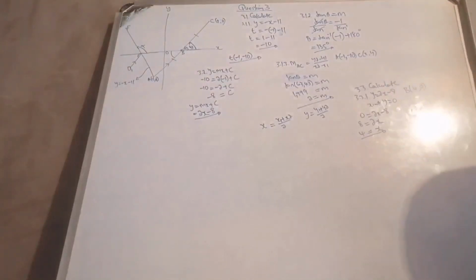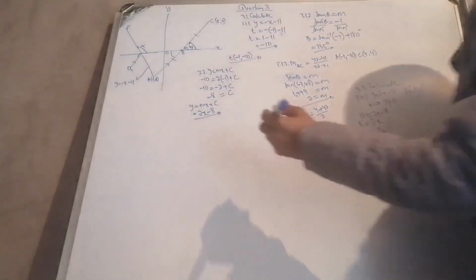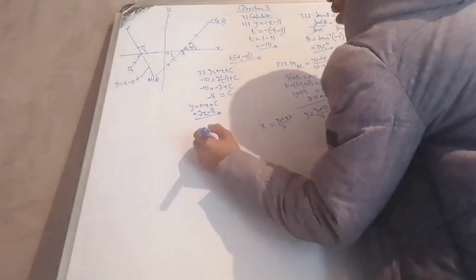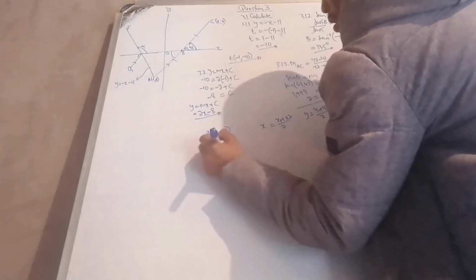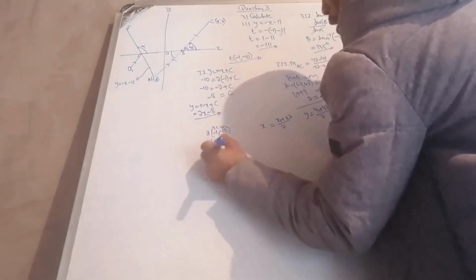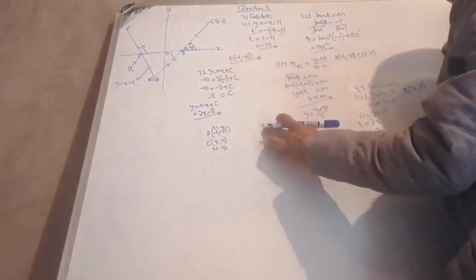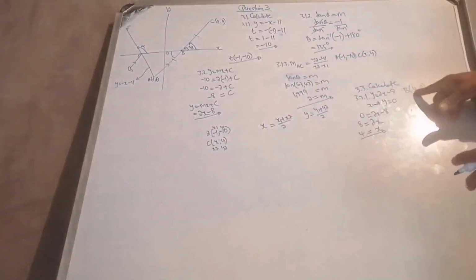But what midpoint am I talking about? Remember, I'm looking at AC. So I have my A with minus 1, minus 10, and my C with x and y. I can say x1, y1, x2, y2. What is your midpoint of x? My midpoint of x is 4.